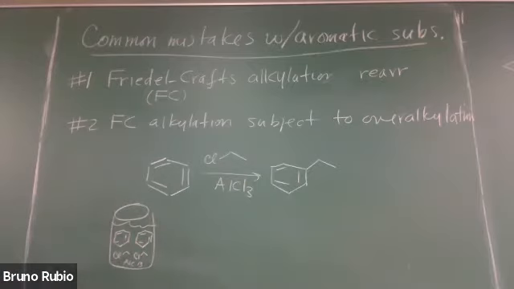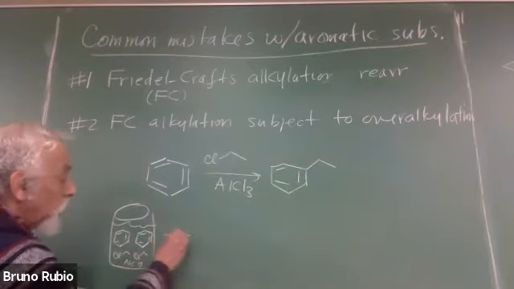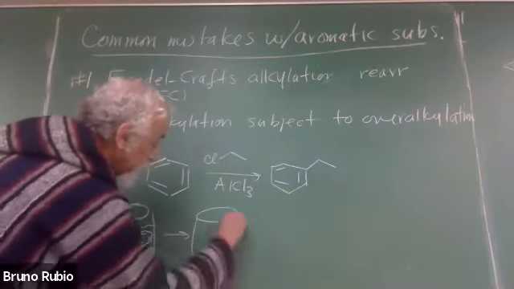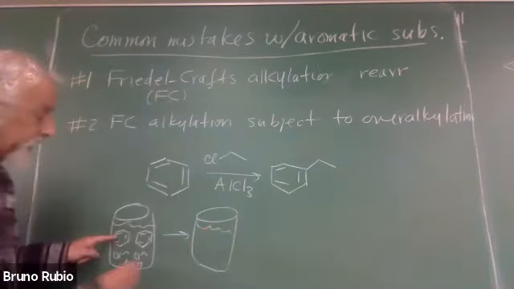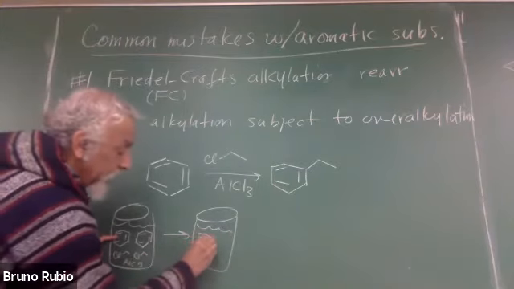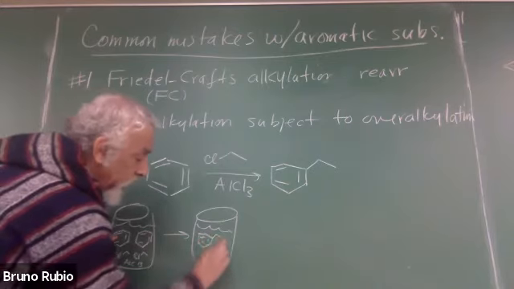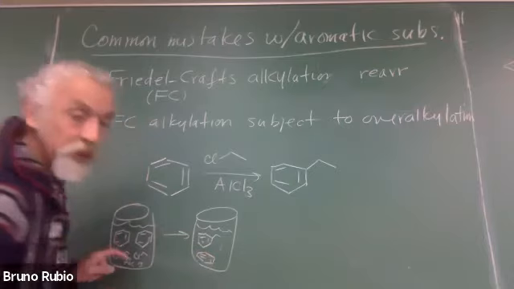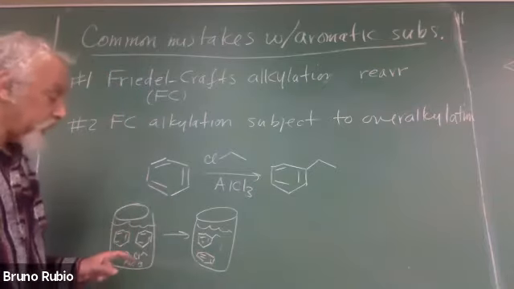They don't all react at the same time. So what we can imagine here from this little simple-minded drawing is that, let's say this guy reacts. He's made ethyl benzene. The other benzene has not reacted yet at all, because remember, all of these molecules don't react at the same time.